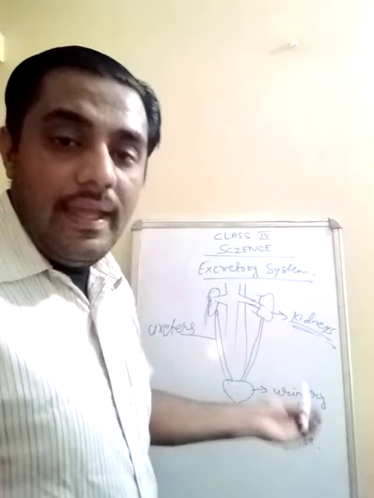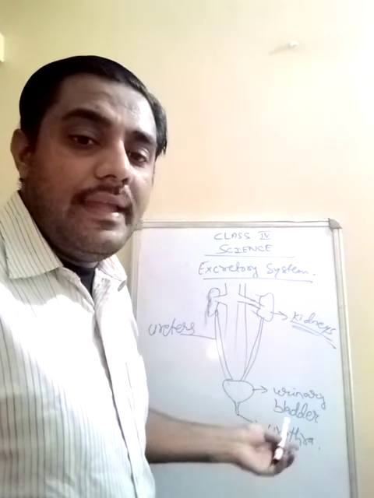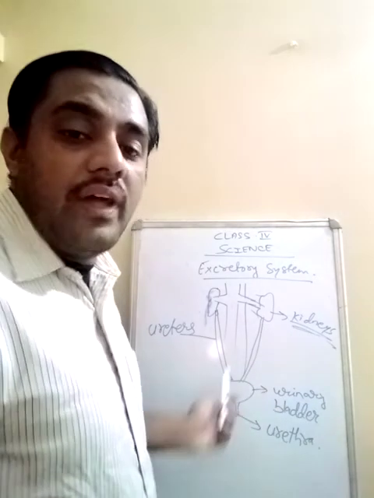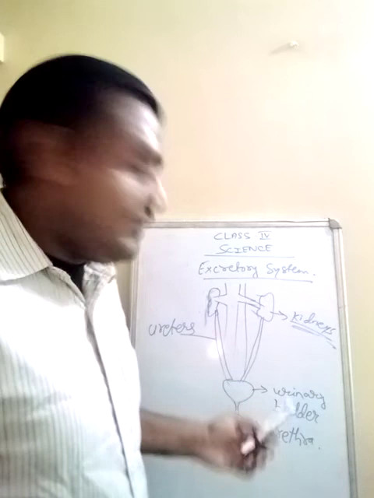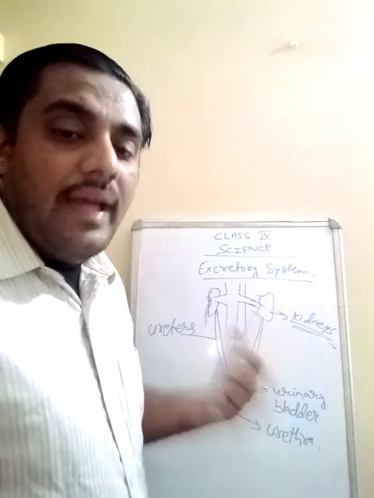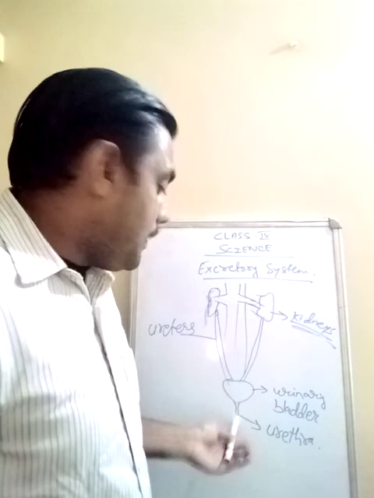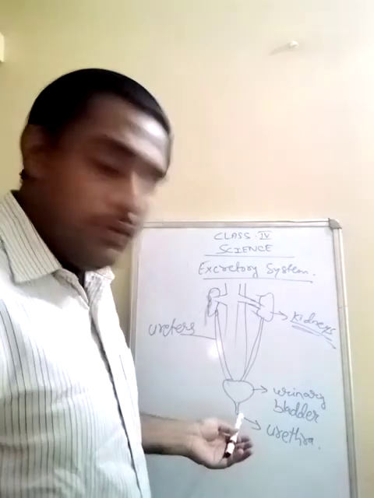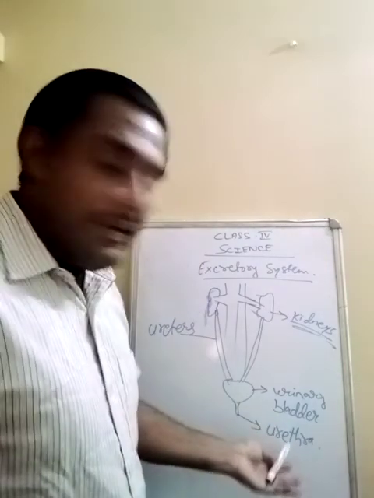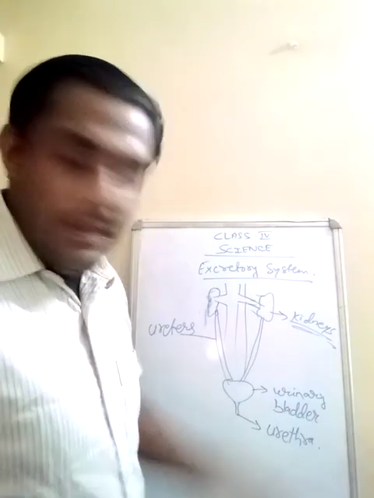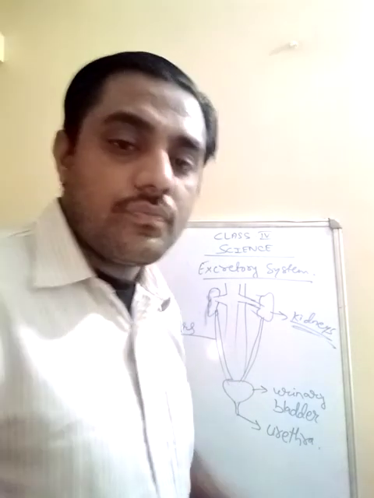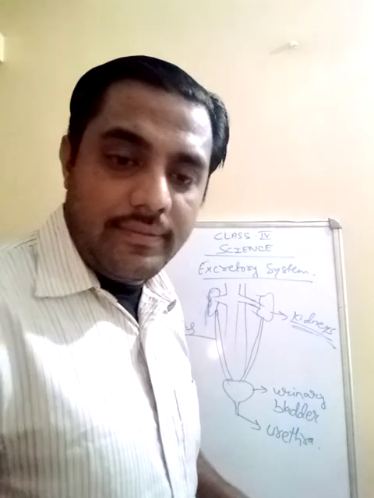U-R-I-N-A-R-Y, urinary, B-L-A-D-D-E-R, bladder. Once the urinary bladder is full, it can't take any more, and the urine has to be thrown out through the opening of the urinary bladder, which is known as urethra. U-R-E-T-H-R-A, urethra.